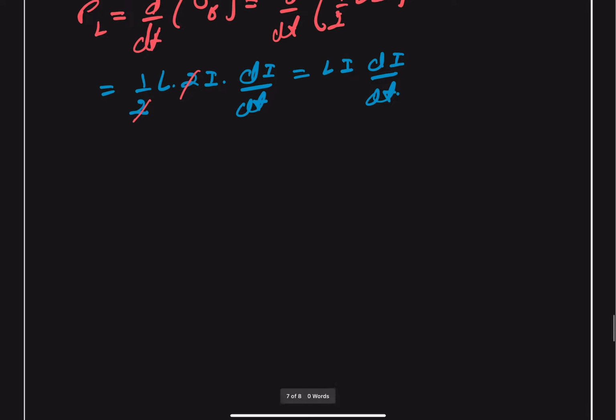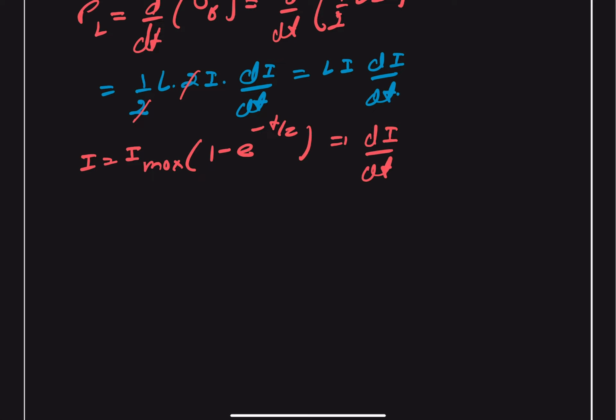And we already know that our I is equal to I max times 1 minus e minus t upon tau. If you differentiate this equation, we are going to get di upon dt equal to I max times e raised to power minus t upon tau, divided by tau.